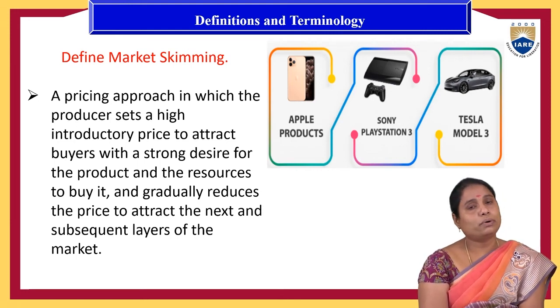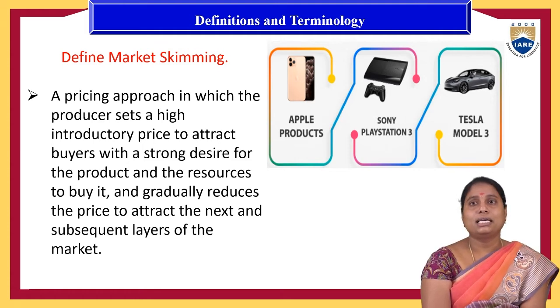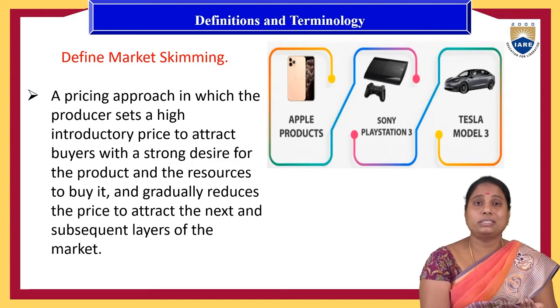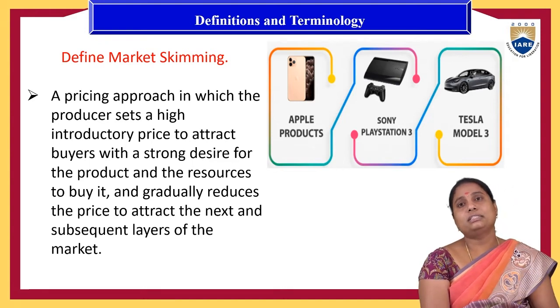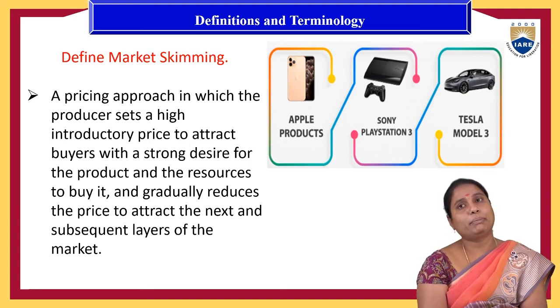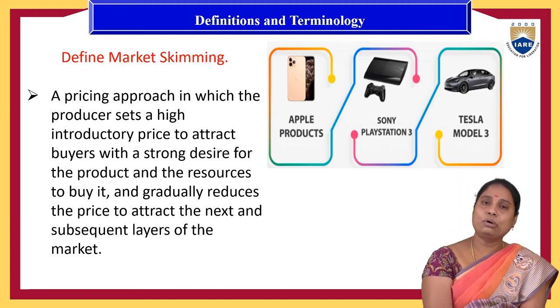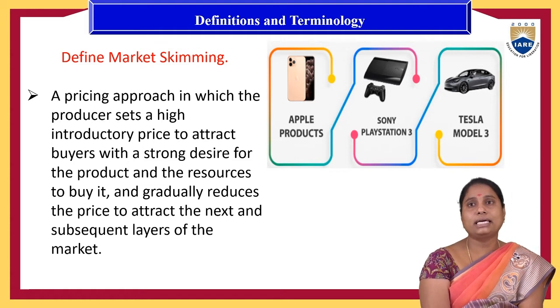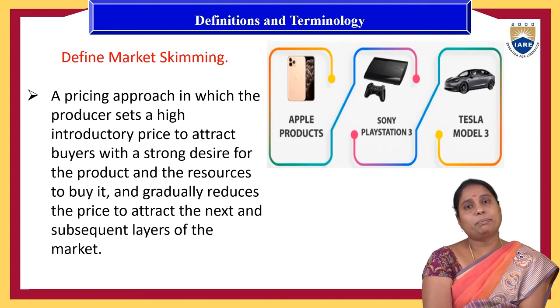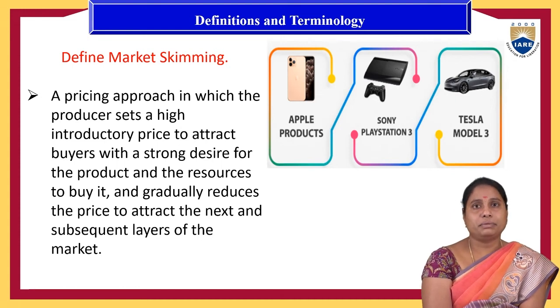For these products, generally the prices will be very high initially. Then, because fashion keeps changing, when the next fashion comes, they will reduce the prices of those products, and these high-end models will be available for less than the cost when they were introduced. That strategy of fixing prices is called market skimming.